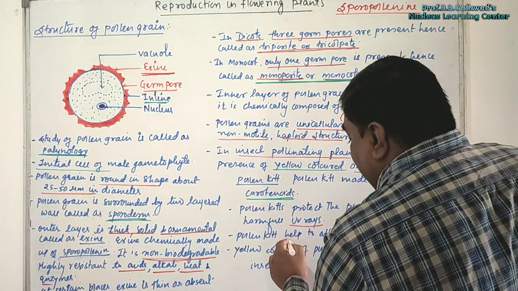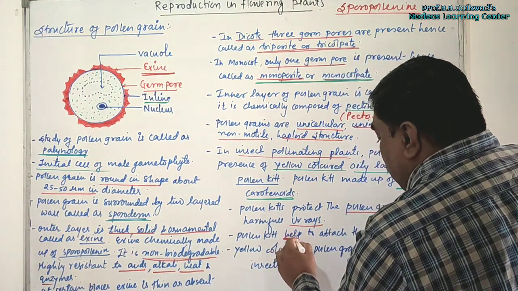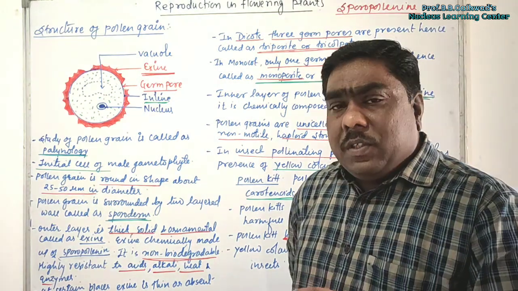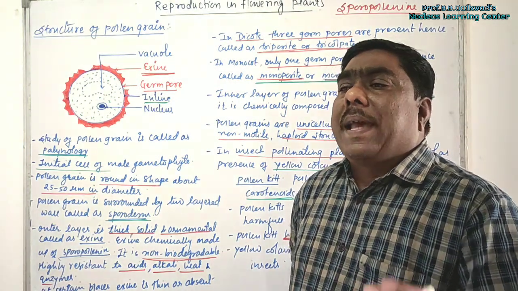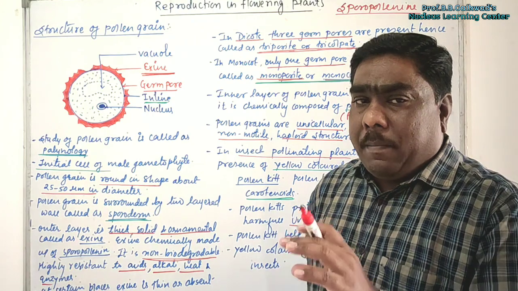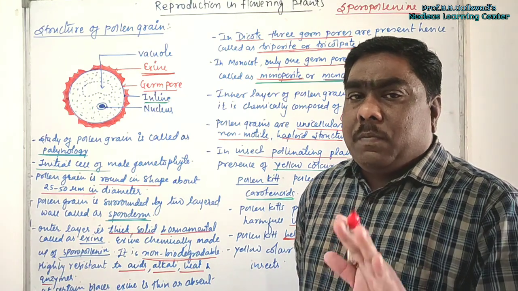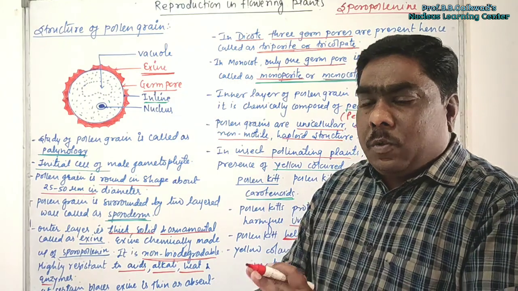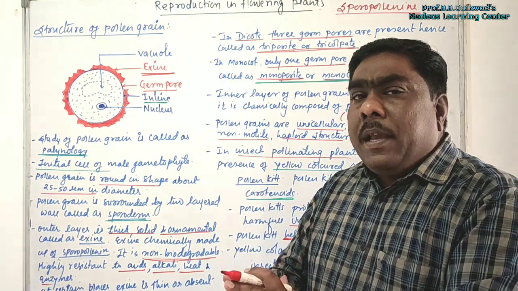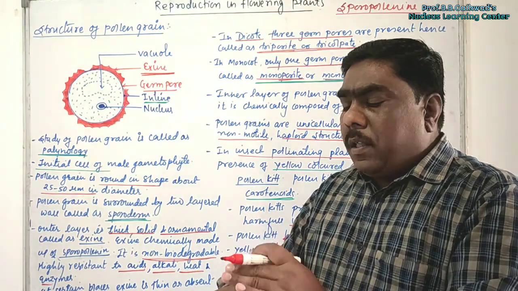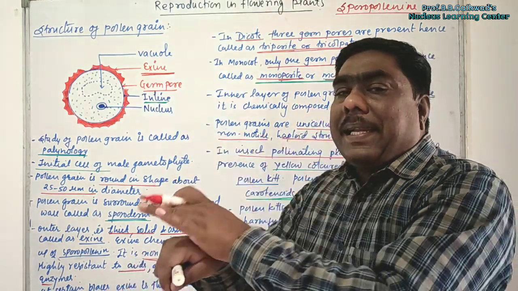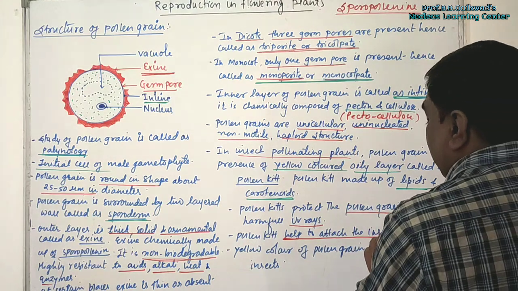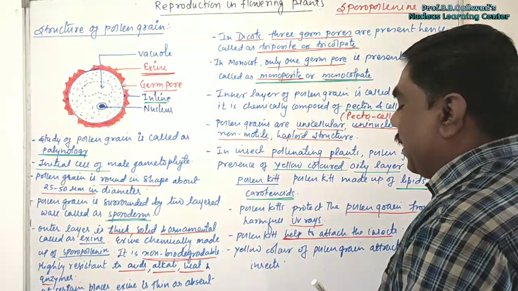Then pollen kit also helps to attach the insect. जब ये pollen grain insect को carry करना होता है stigma पे, so at that time this pollen grain should get attached to the insect body. So this pollen kit is a medium through which the pollen grains get attached to the insect body. So it helps to attach the insect with the pollen grains.